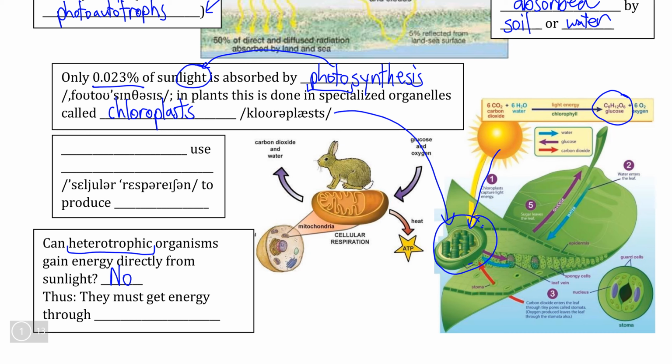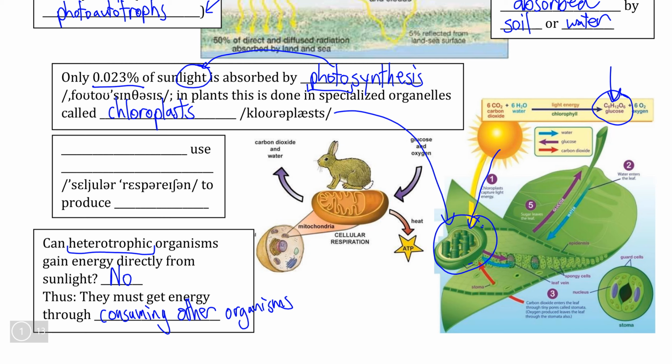We need to get our energy through consuming other organisms, specifically by consuming some sort of photoautotrophic organism so that we can eat the energy that plants actually make.